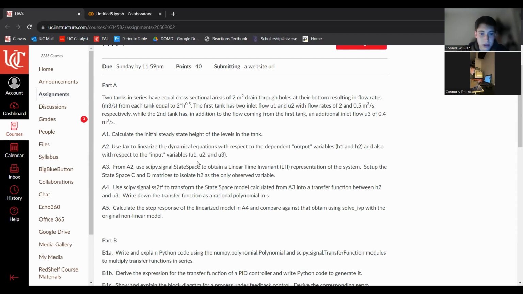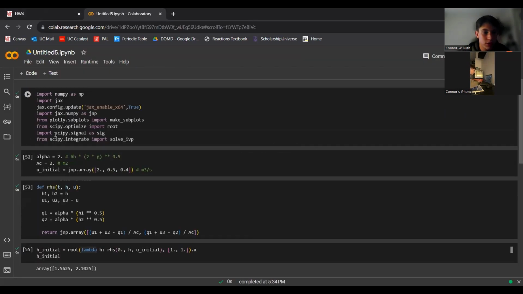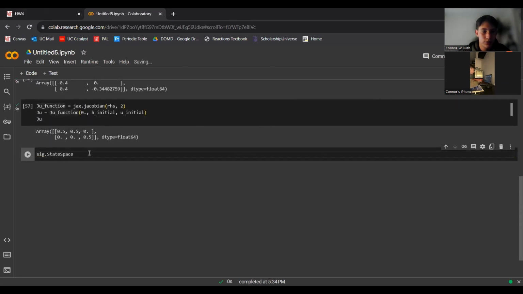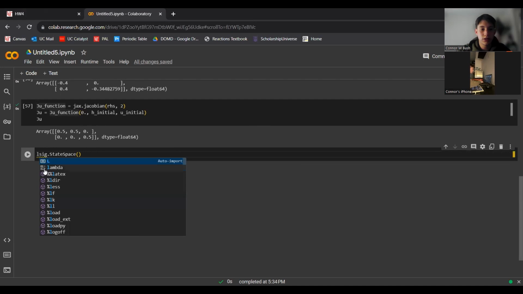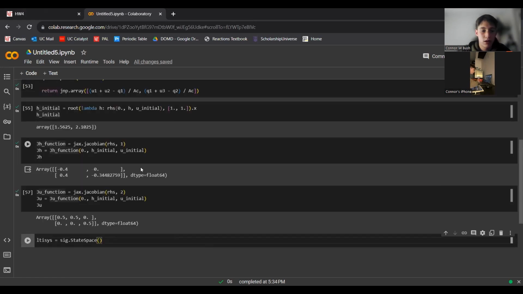So what this looks like, if we want to use this, up here I imported scipy.signal as just sig. So we want a linear time invariant system. So we're inputting A, B, C, and D, the 4 state space matrices.